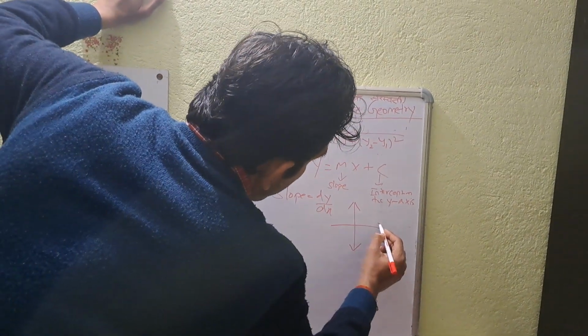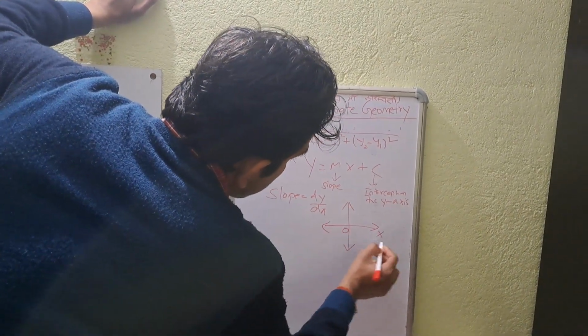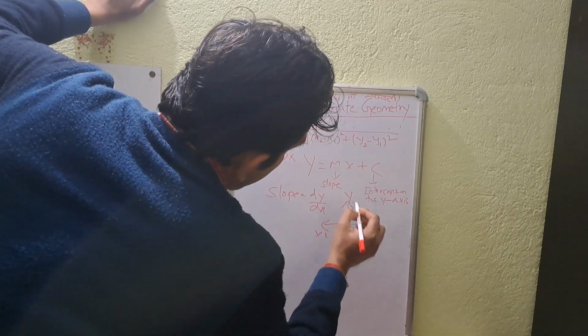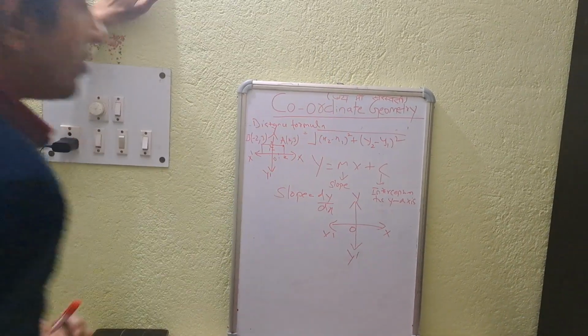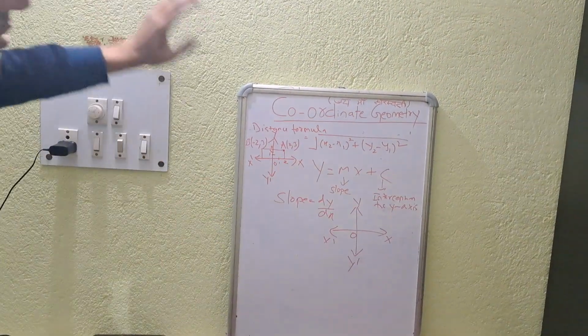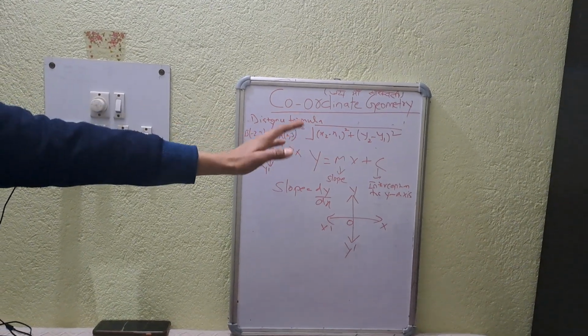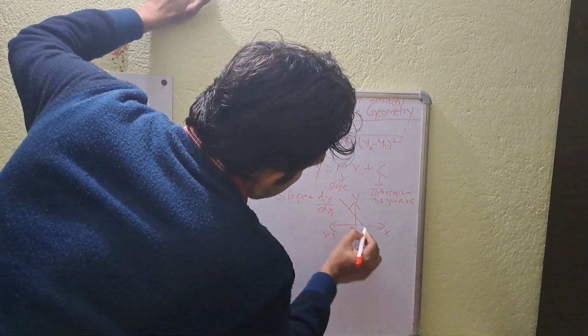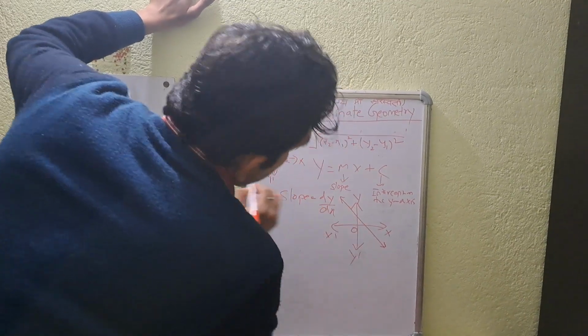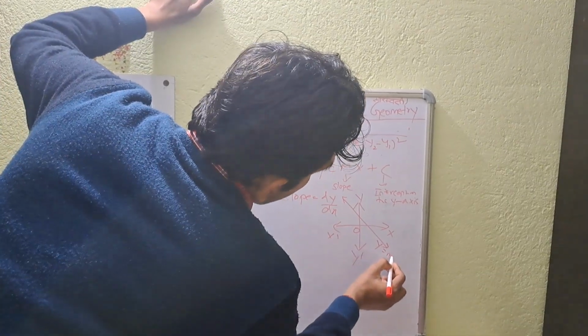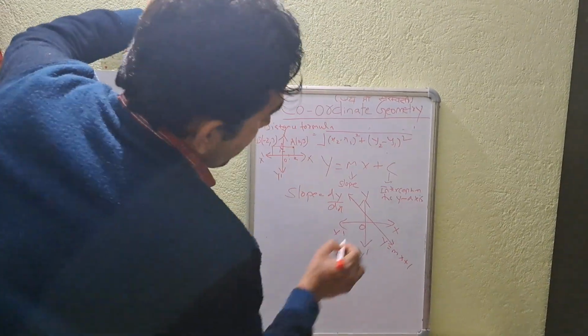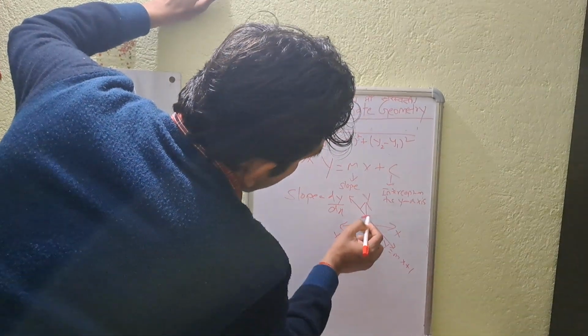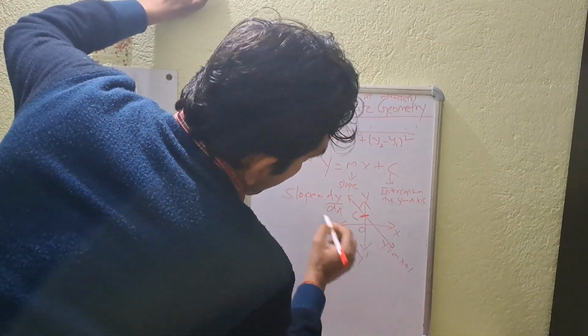Suppose it will be origin, x, x dash, y and y dash. So this equation is known as the equation of a straight line. It is like this. The equation is y is equal to mx plus c, where this part c is known as the intercept on the y-axis.